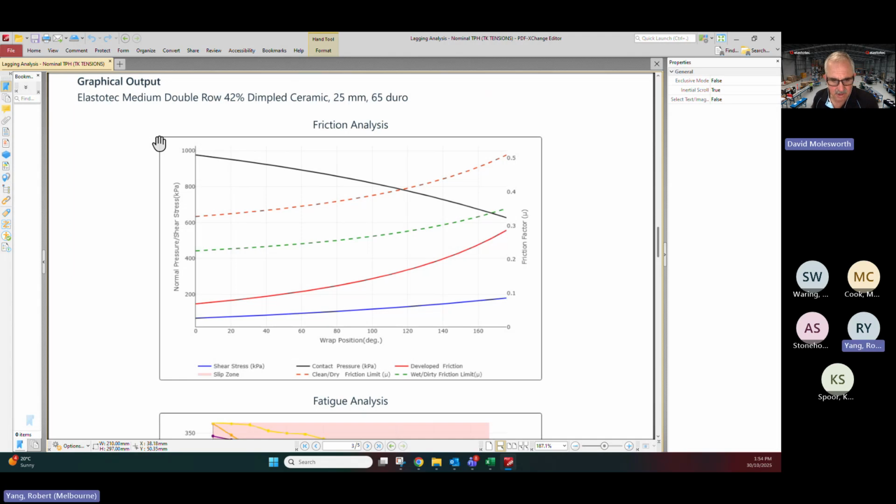What's the unit there? kPa, yes. I think it's kPa. And then they've done it also at a range of slip speeds, and you get these three-dimensional graphs of friction. Did Mariana show you some friction graphs last week? I think she did.